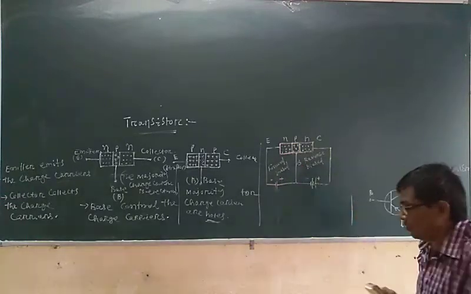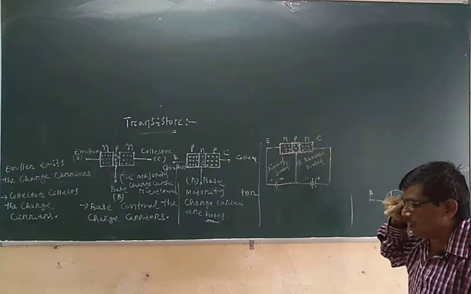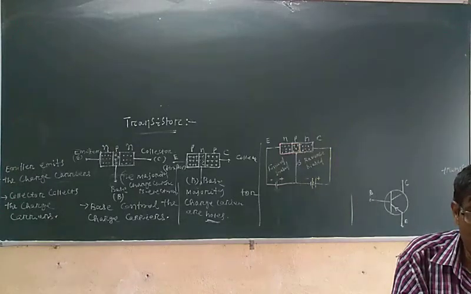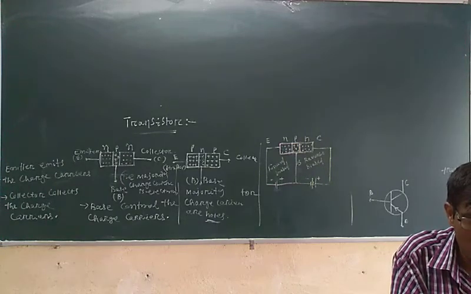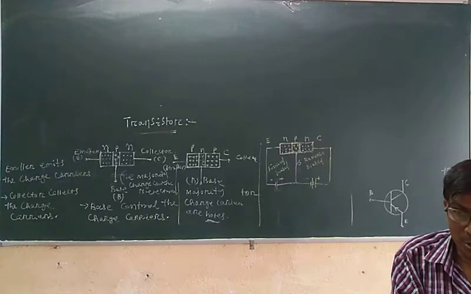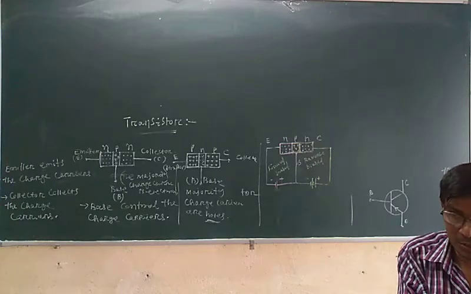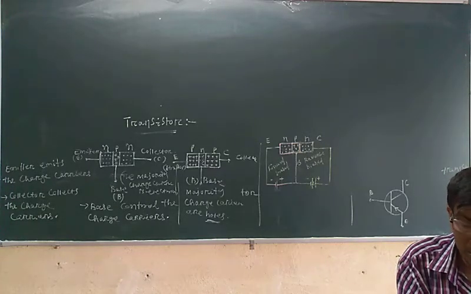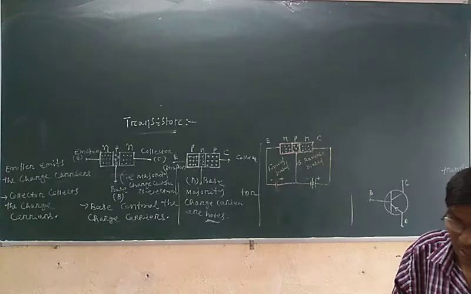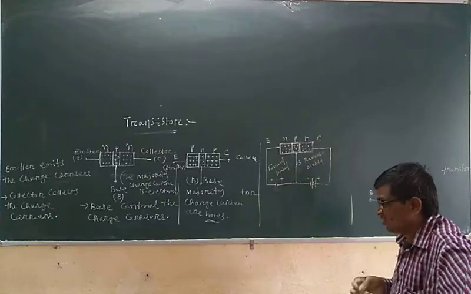This is the standing rule: for the active region of a transistor, the base-emitter junction is forward biased and the base-collector junction is reverse biased. In the active region the transistor works.